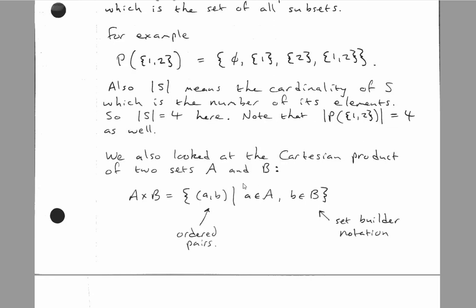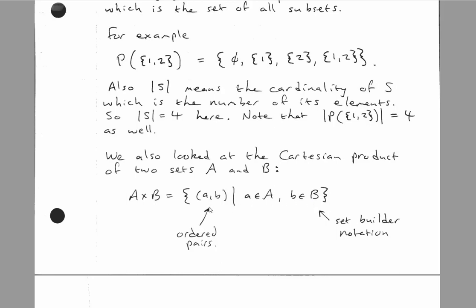And one more thing in this section, the idea of a Cartesian product. If you take two sets A and B and look at all possible ordered pairs, something from the first set comma something from the second set, then that set of ordered pairs is called a Cartesian product.